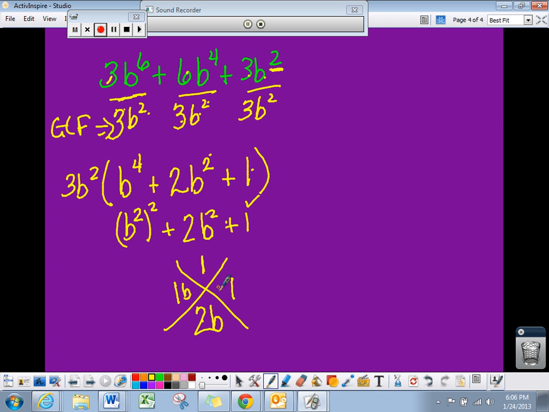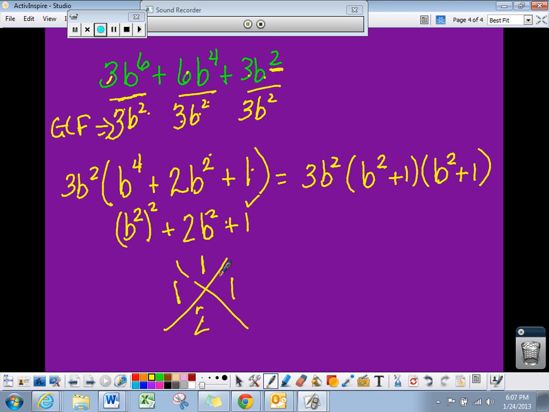So it'll be 1B. Well, we don't necessarily have to write it like that. You can write it like this. We'll just take off the B and we'll know we have to add the B in the end. Okay. So that tells me that this right here is factored to B. We got to keep the 3b squared. B to the second plus 1 times b to the second plus 1.